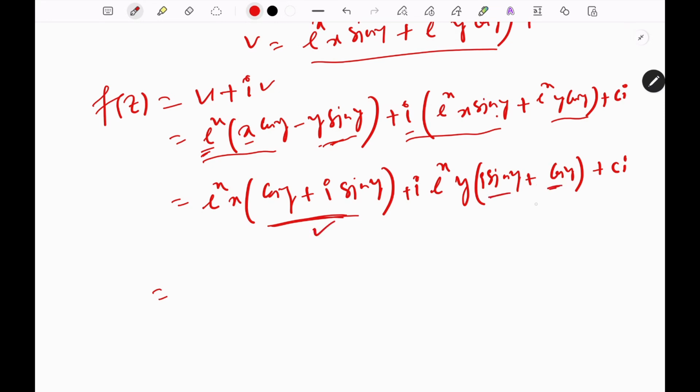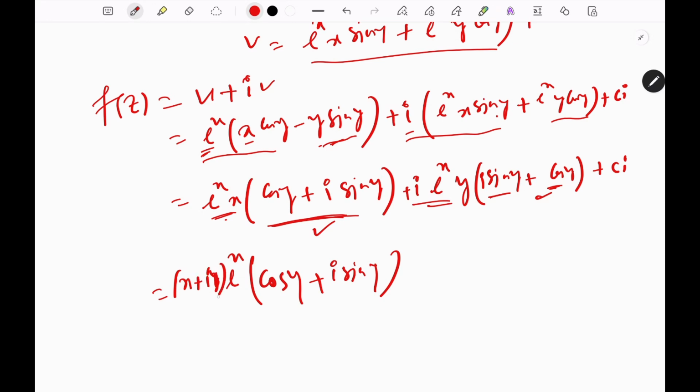So I can take this term as common, cos y plus i sin y, and this e to the power x, and this is x plus i y, and what is this? This is z, and this is e to the power z.